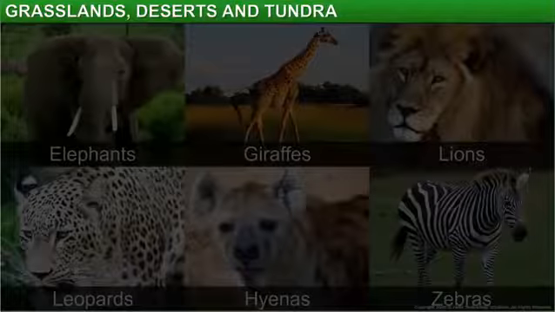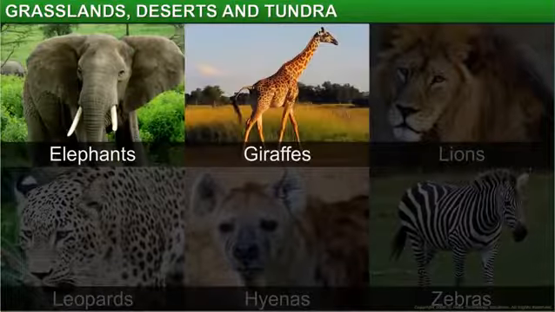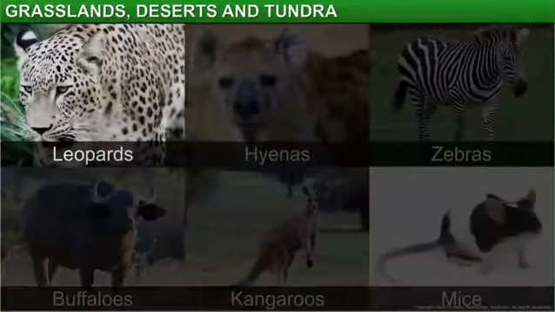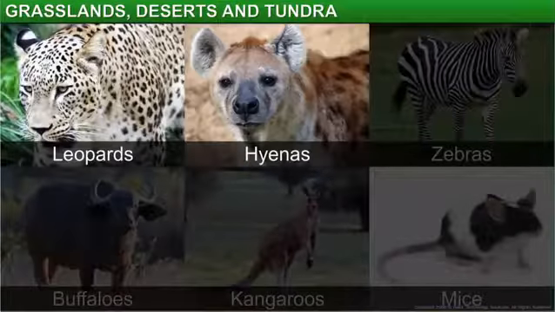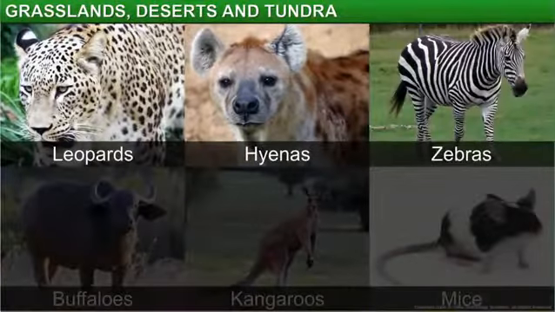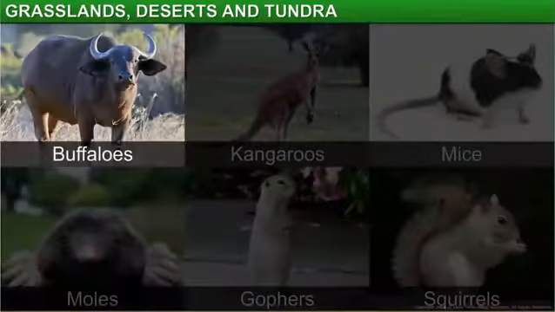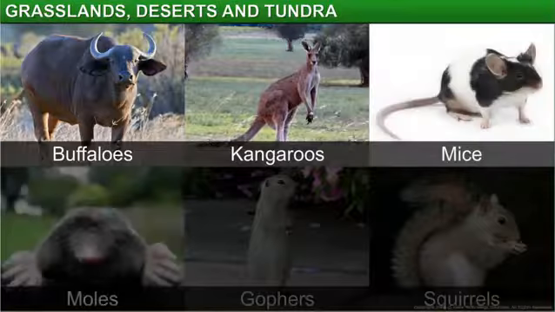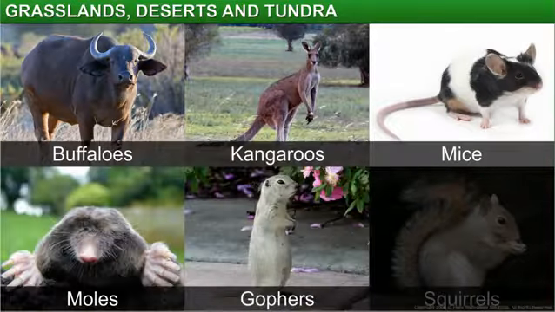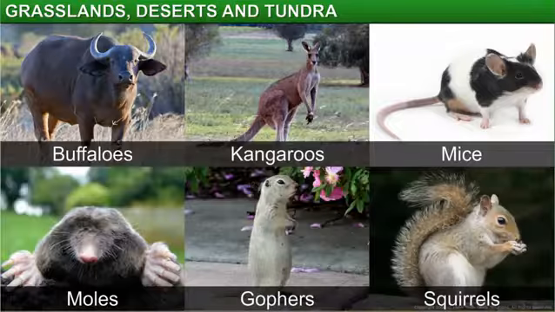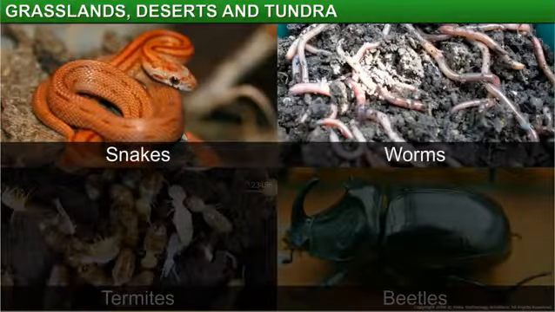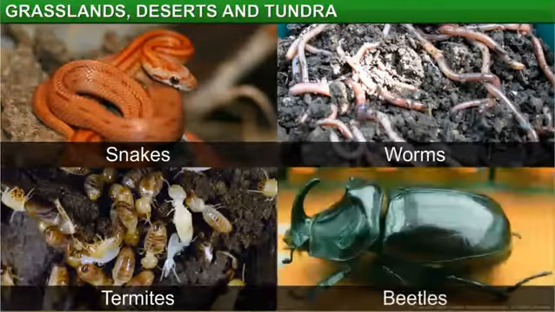Large animals such as elephants, giraffes, lions, leopards, hyenas, zebras, buffaloes, and kangaroos, to small animals like mice, moles, gophers, ground squirrels, snakes, worms, termites, and beetles are common in tropical grasslands.